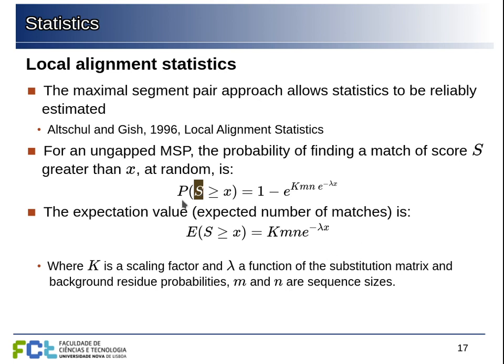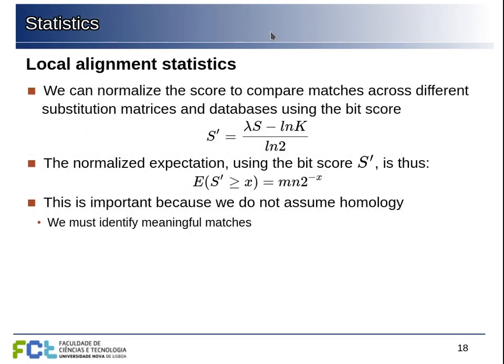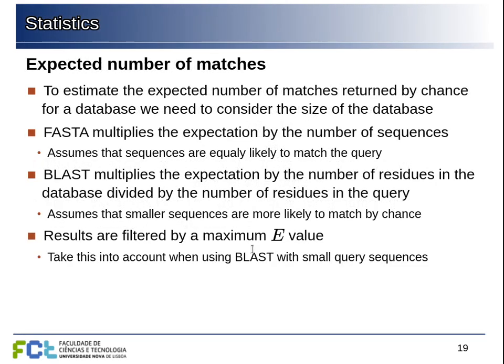We can also see how many sequences we would expect to find by chance in this database, and we can calibrate this using the size of the database. In the case of FASTA, this expectation was multiplied by the number of sequences.